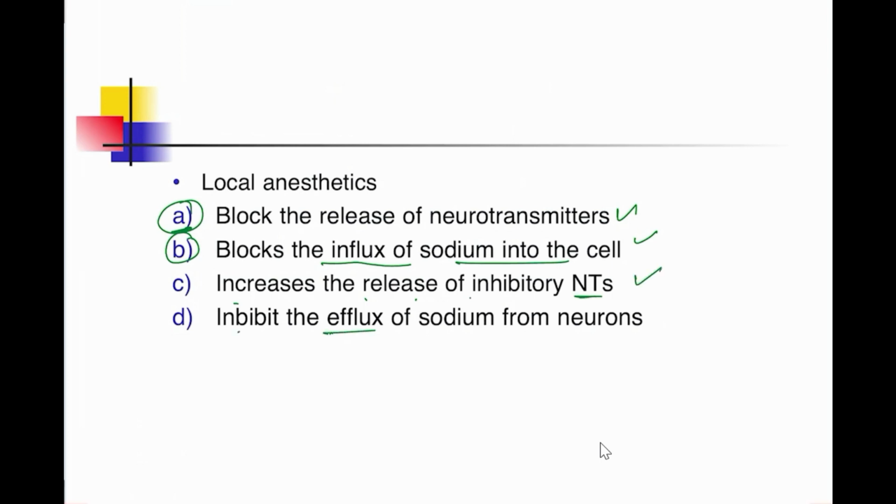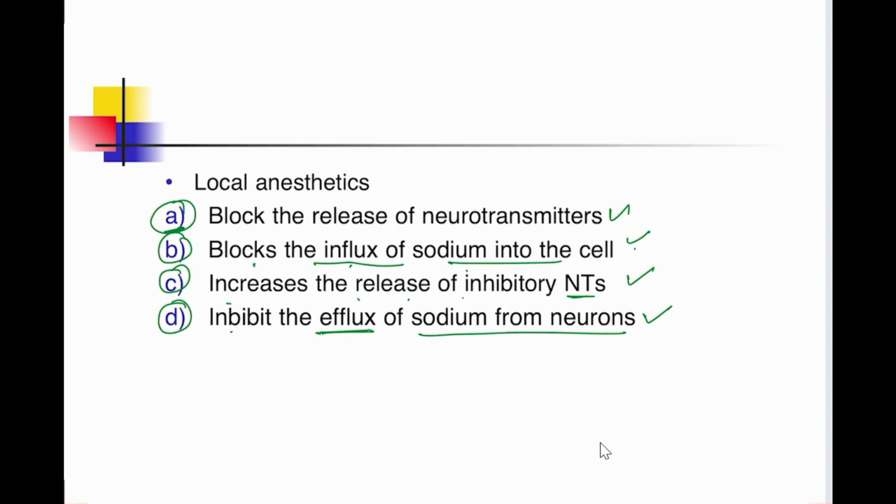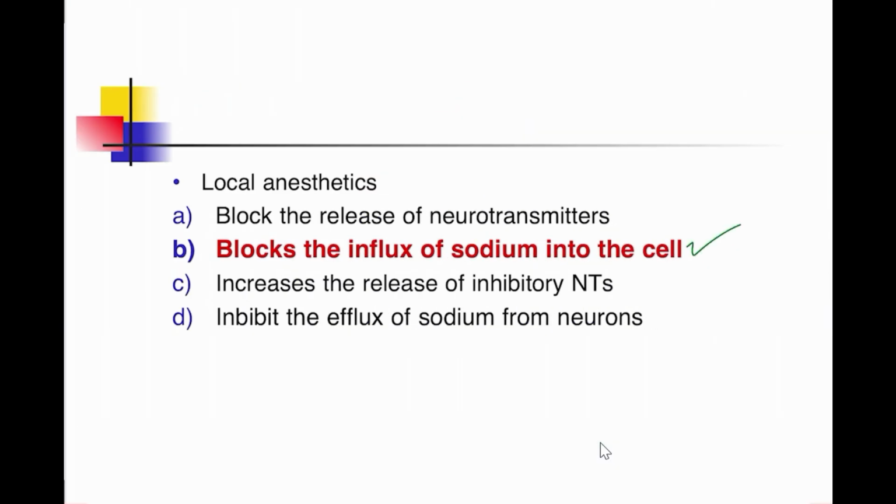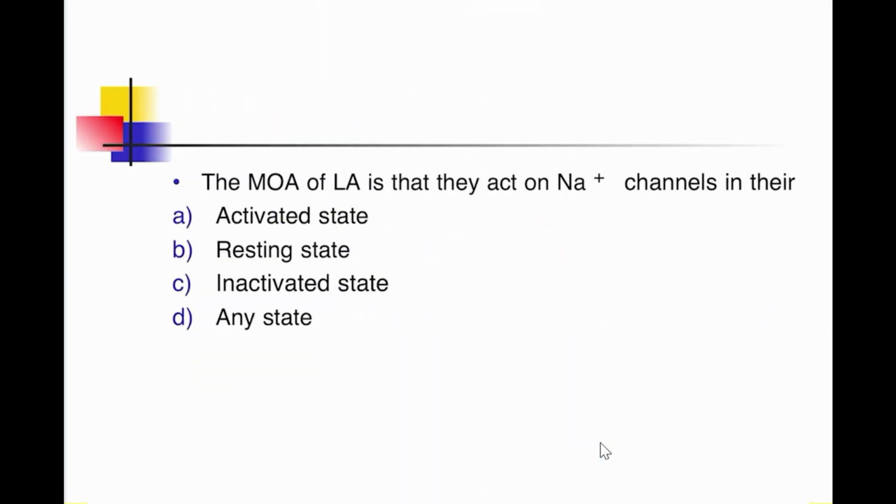And, inhibit the efflux of the sodium ion from the neuron. Which is the correct choice out of these? Local anesthetics block the influx of sodium into the cell, so this is the correct choice. If you know the mechanism of action of the local anesthetic, it is very easy to solve this multiple choice question.